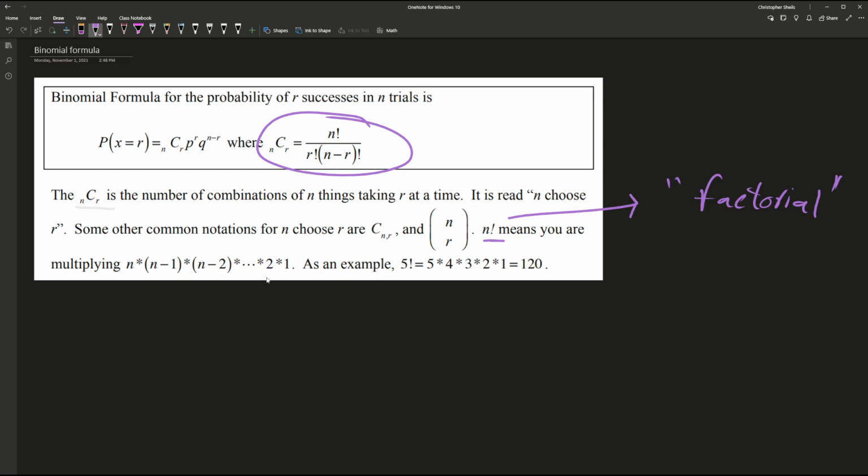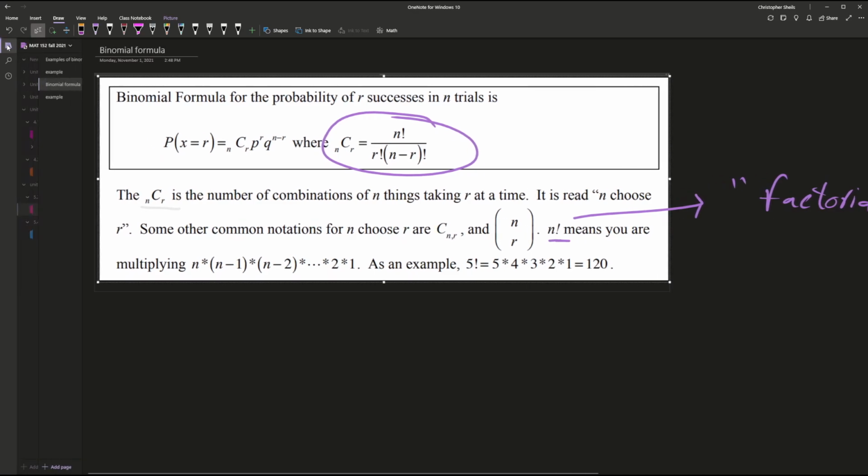This means that you're multiplying a number times that number minus 1 times that number minus 2 all the way down to 1. The example that they give here is that 5 factorial is 5 times 4 times 3 times 2 times 1. So you're just taking a number and multiplying it by every number below it all the way down to 1. And we're going to use this formula to very easily calculate some probabilities.